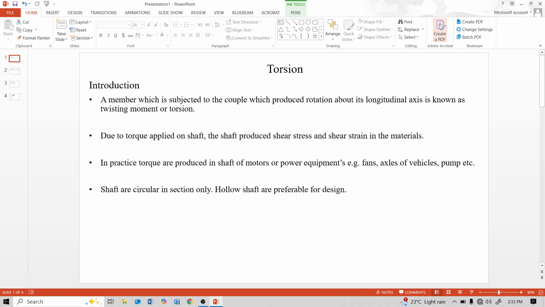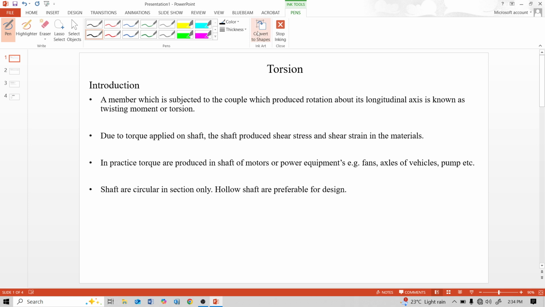A member which is subjected to a couple that produces rotation about its longitudinal axis is known as twisting moment or torsion.